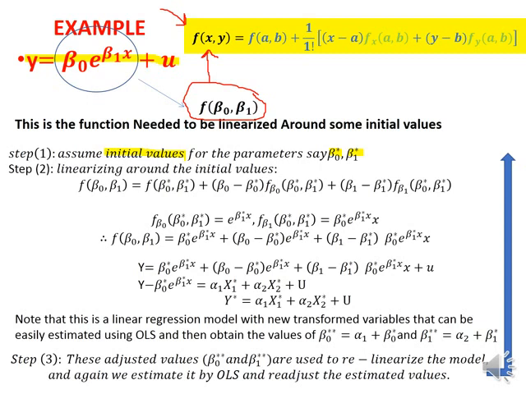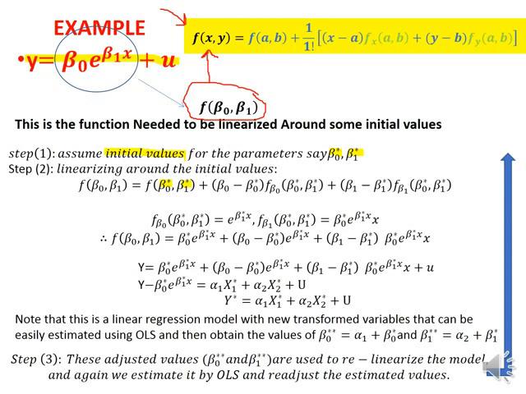So step number 2, we are going to linearize around these initial values β0 star and β1 star using the Taylor expansion. As we said, instead of f(x, y) we have f(β0, β1). Instead of a, b, we have the initial values β0 star, β1 star. Instead of x, we have β0, and instead of a, we have β0 star.